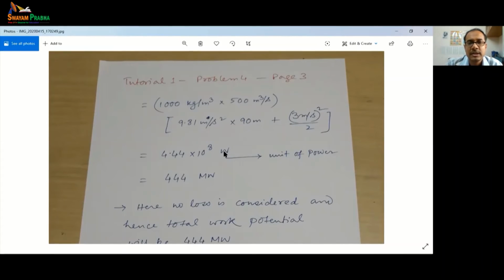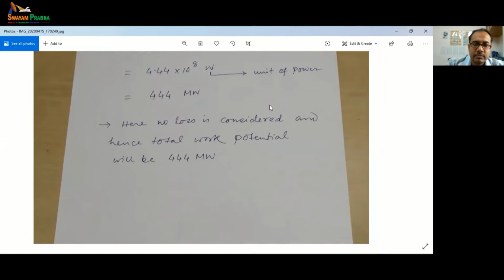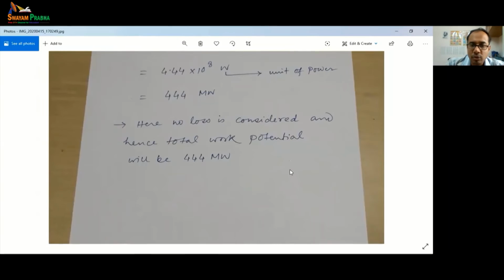What is the SI unit of power? And you can convert it into a more manageable number by converting it into megawatt, that means 10 to the power 6 watt. This will be 444 megawatt. As there is no loss considered here, the total work potential will be 444 megawatt.